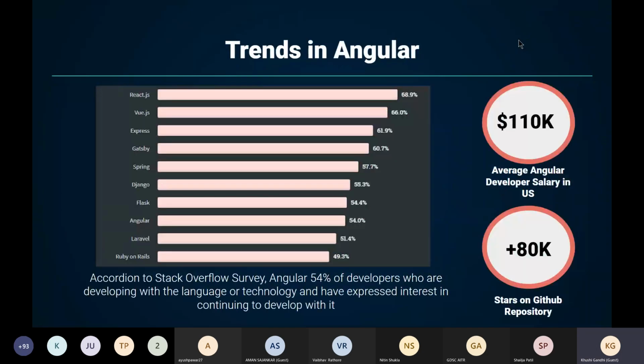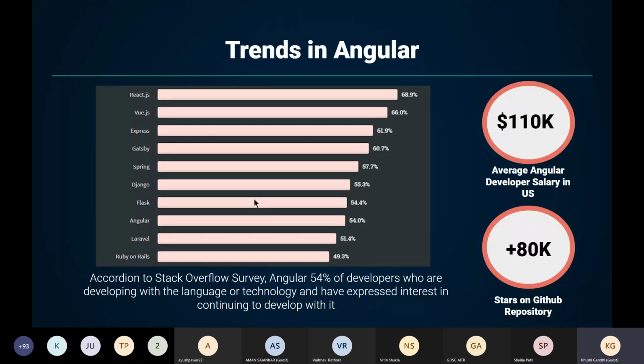If we talk about trends in Angular, over $110,000 is the average Angular developer salary in the US, and there are more than 80,000 stars on the GitHub repository of Angular. This is the stats of how Angular performs on the website Stack Overflow.